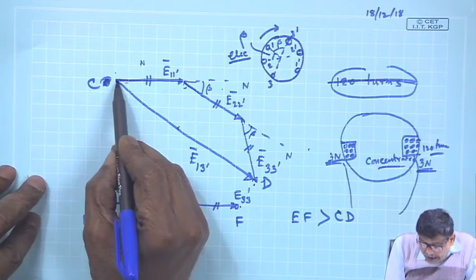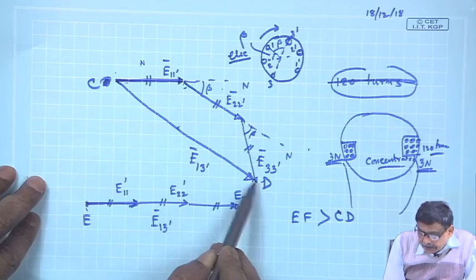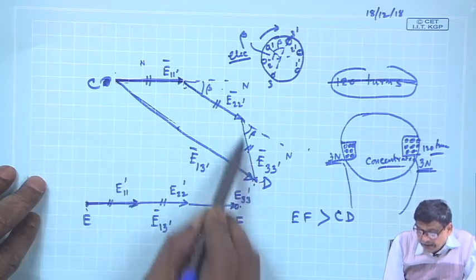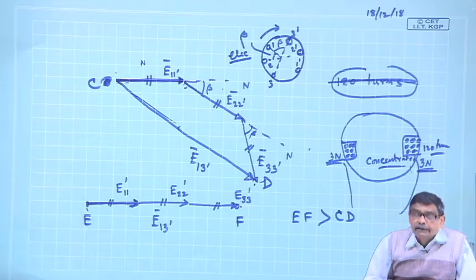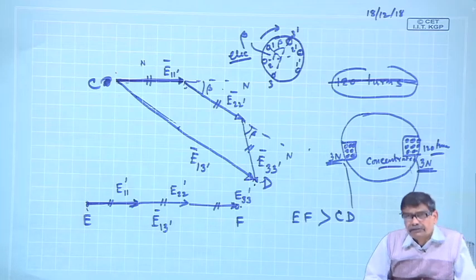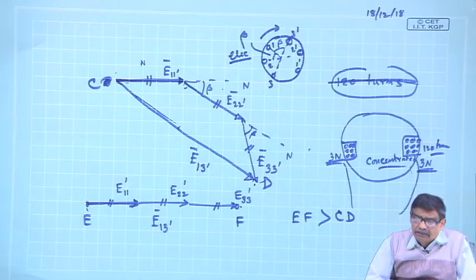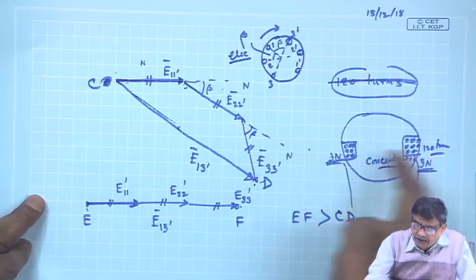Okay. Then I know how to calculate E11', E22', E33', and I find that this will be the resultant voltage. Now, I must compare. Okay, I told you, for the sake of argument, let us assume that somebody insists that, okay, no, I will go for concentrated coils.